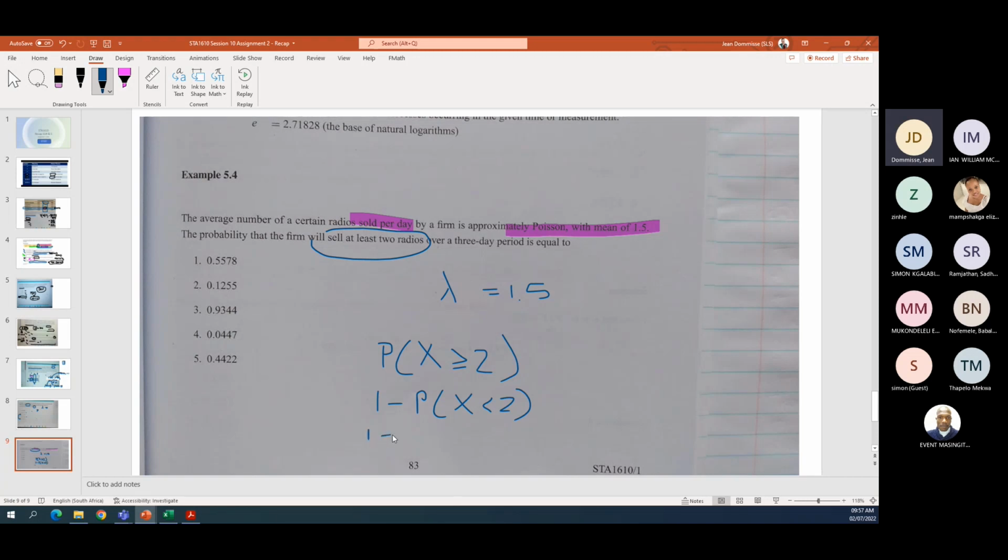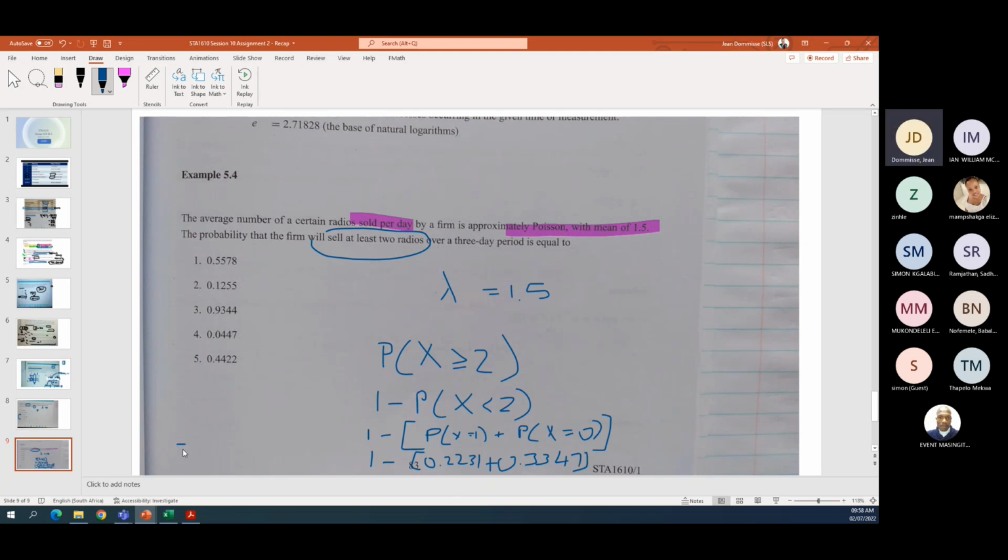So 1 minus the probability of x equal to 1 plus the probability of x equal to 0. That would be 0.2231 plus 0.3347.